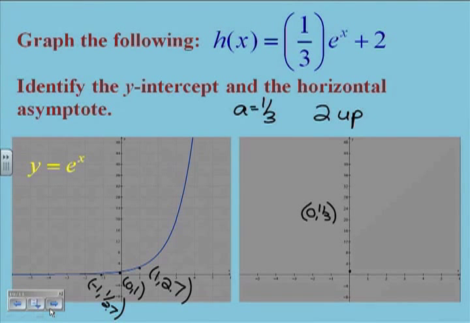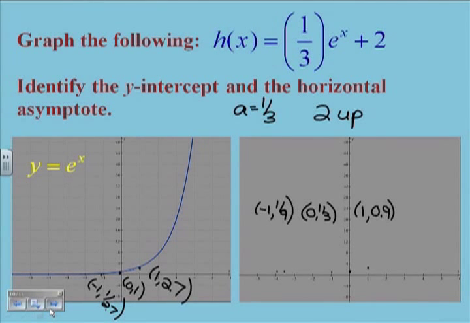And at 1, I'm going to have 2.7 divided by 3. Well, that's about 0.9, which would be just a little bit higher than what I had before. And at -1, I would have about 1/9. That's good enough as far as estimating. I'd be lucky to get it that close.